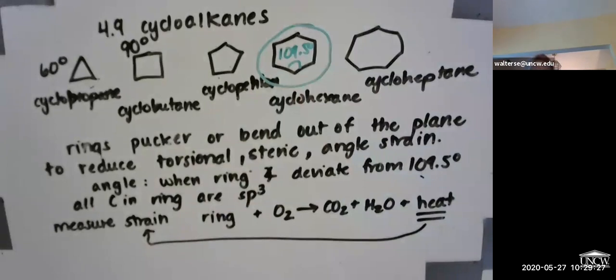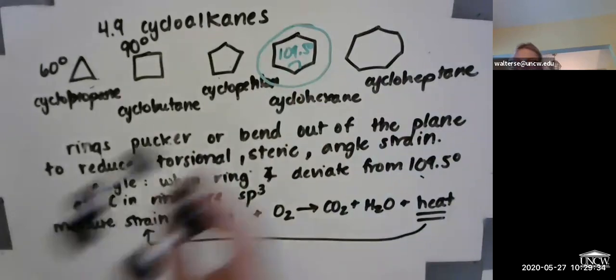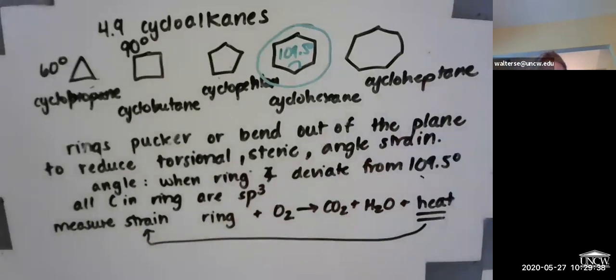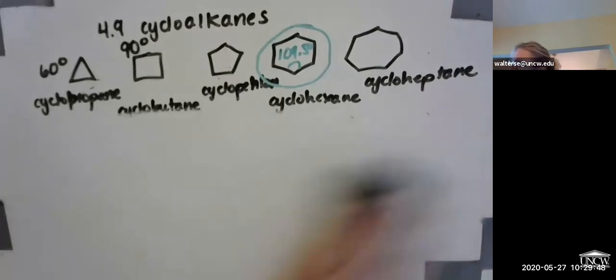Okay. So if we just look at the ring on its own, here, does anybody need the information on this slide? I'm going to erase it so you can see my ring. All right, so this is a 6-membered ring.